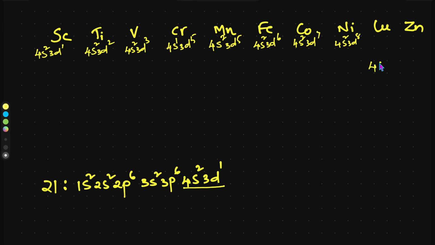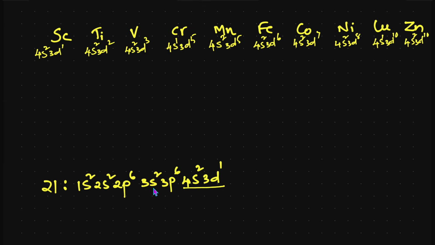It's supposed to be 4s2 3d9, but one electron jumps from here to here, so its new electron configuration is 4s1 3d10, right? So I remove this, and zinc has 4s2 3d10. So these are the electronic configurations of these elements.